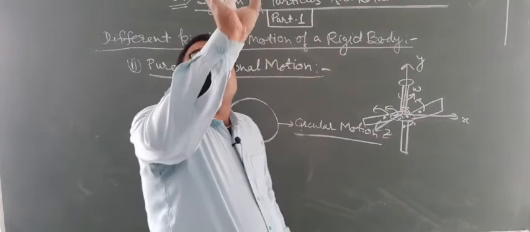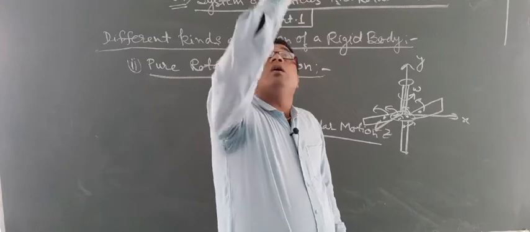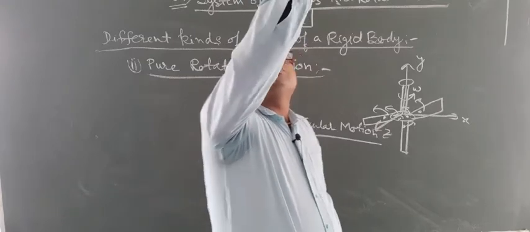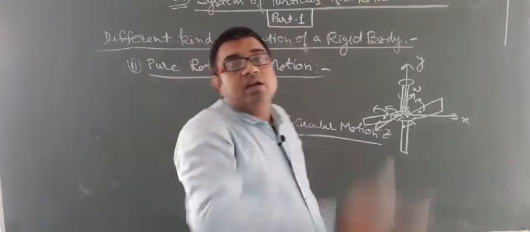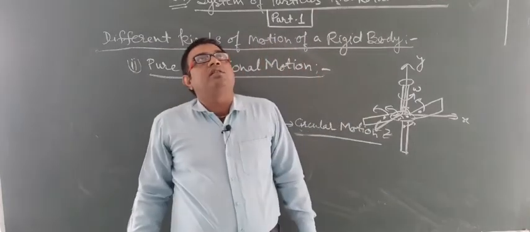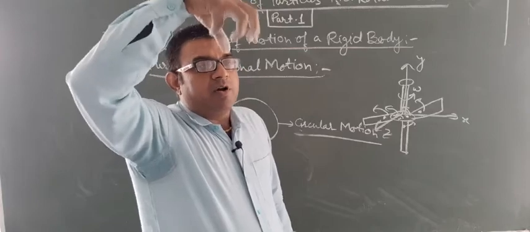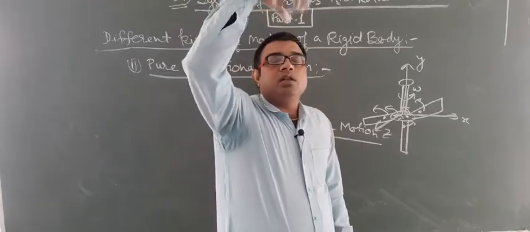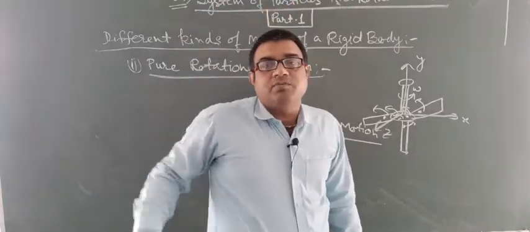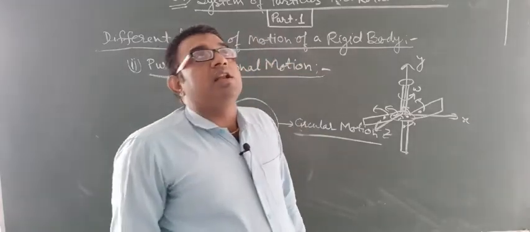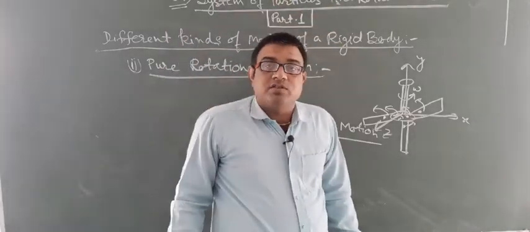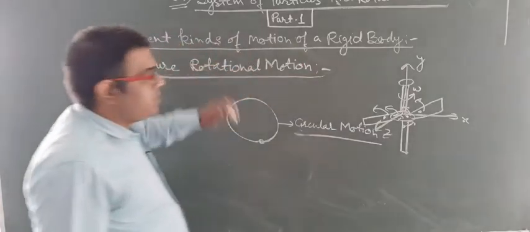When all the constituent particles of the rigid body move along a circular path, such type of motion of the body is called pure rotational motion.